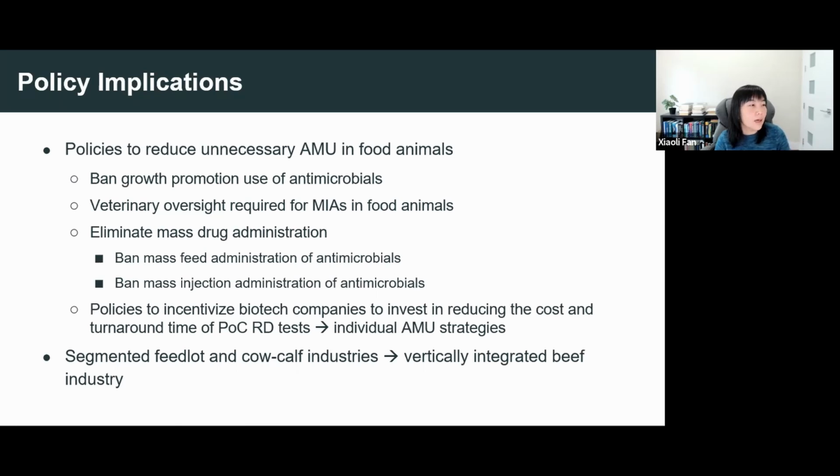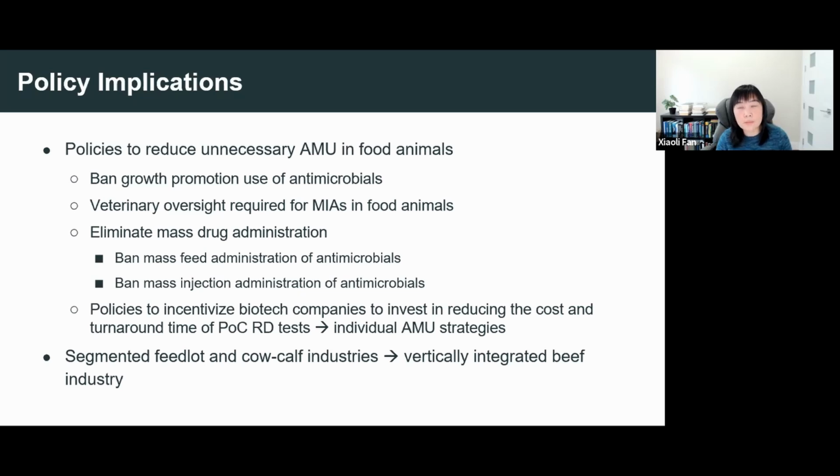First, the reason for antimicrobial use in feedlots is that cattle from the cow-calf producers need to be transported to feedlots, and through that transportation, many cattle get stressed and are also more likely to get BRD.